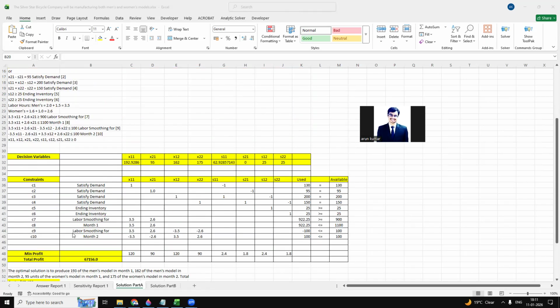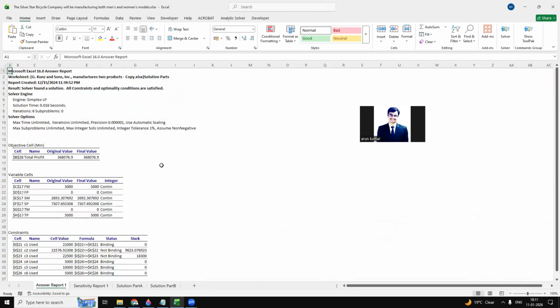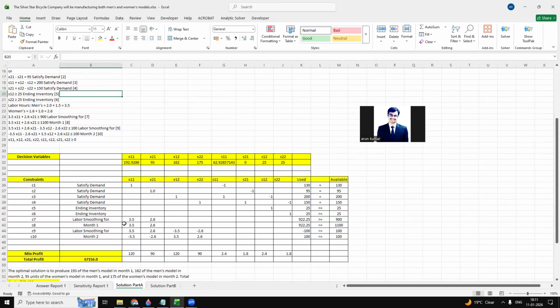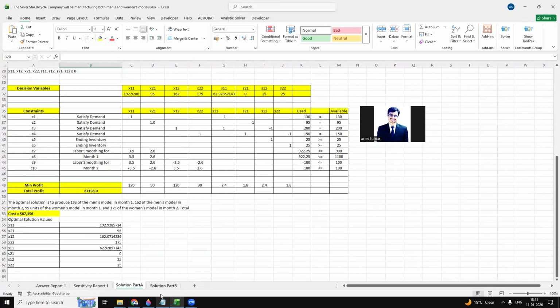This sheet is produced using Excel Solver automatically. This one is our answer report 1, and this sheet is the sensitivity report, which was discussed already.